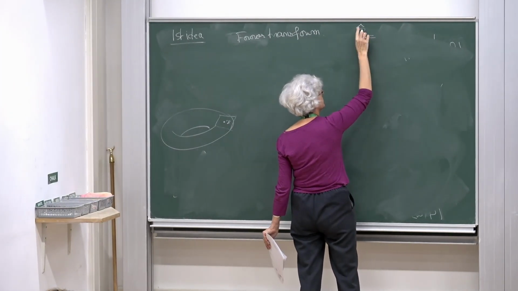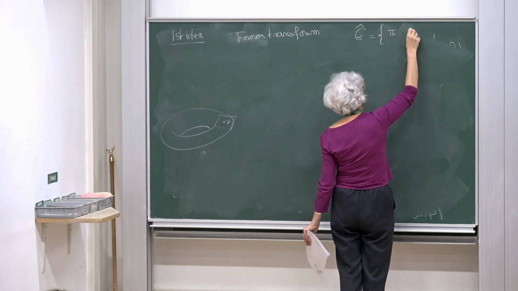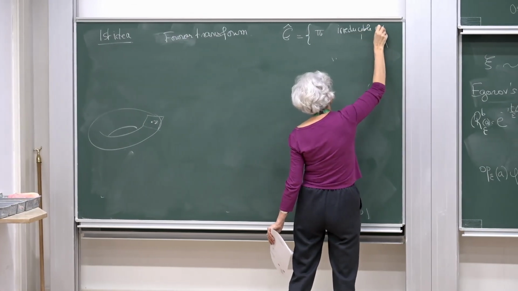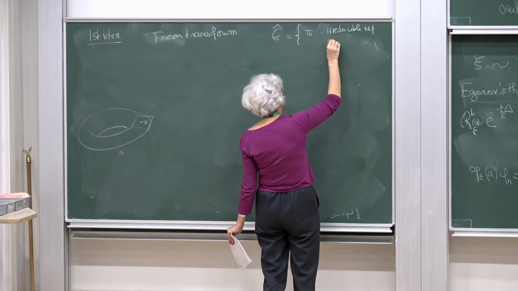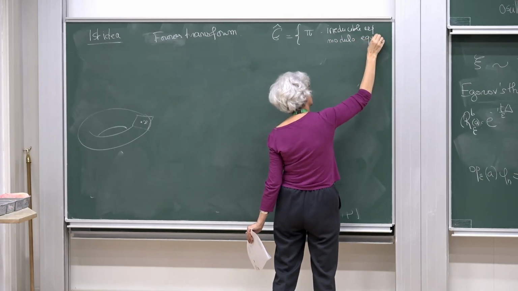So G hat is the dual of the group. It's a set of irreducible representations, so a set of operators, modulo equivalence. I don't want to have equivalent representations.